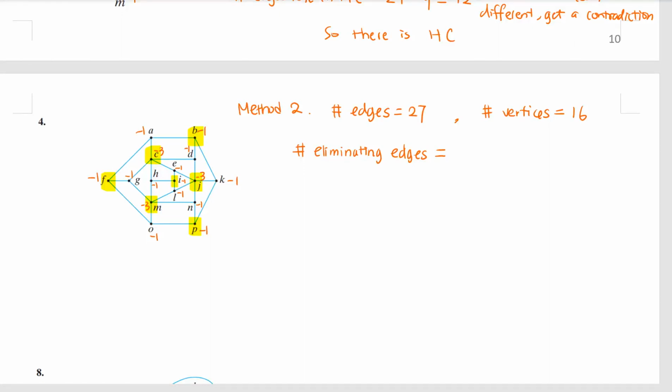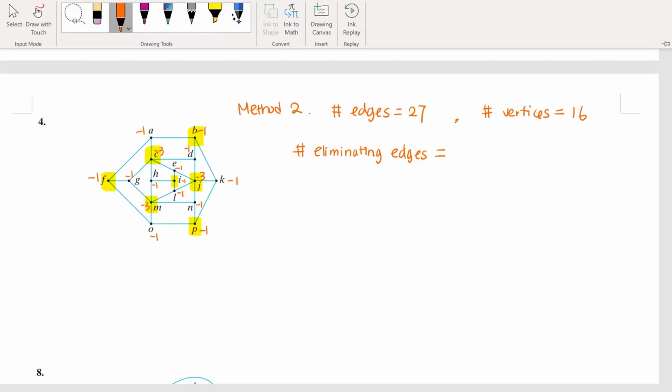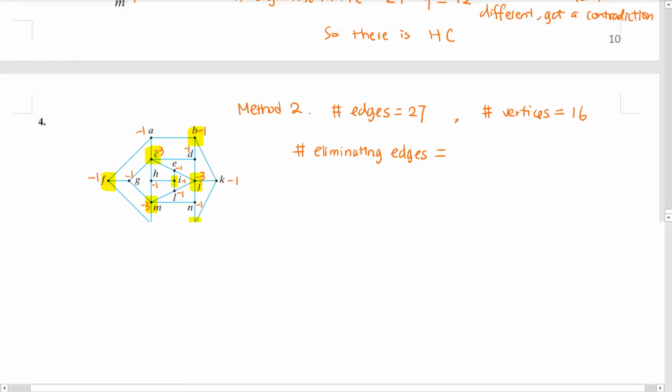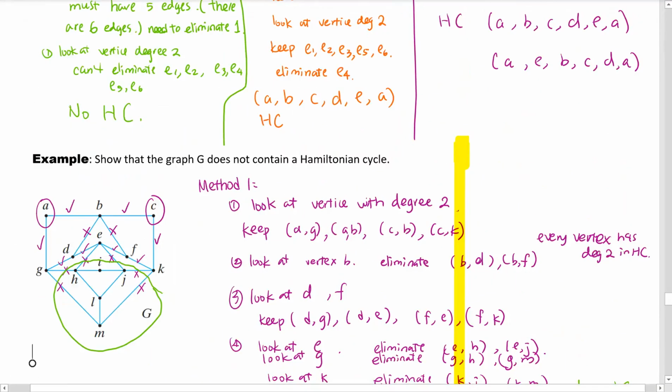Now you can see all the vertices highlighted yellow. Let's count the labels. So C, we have vertex 3.